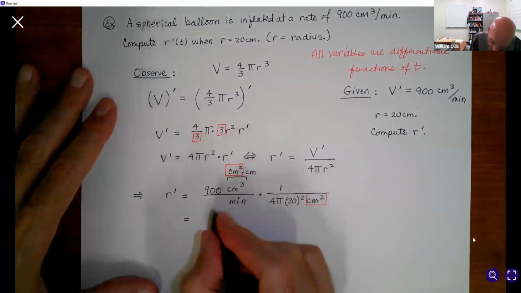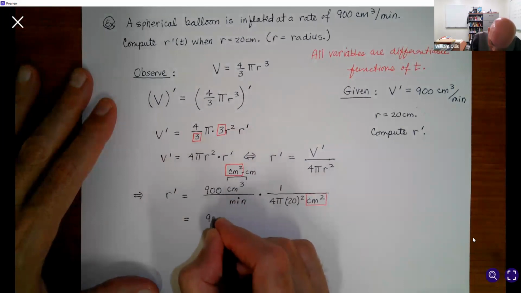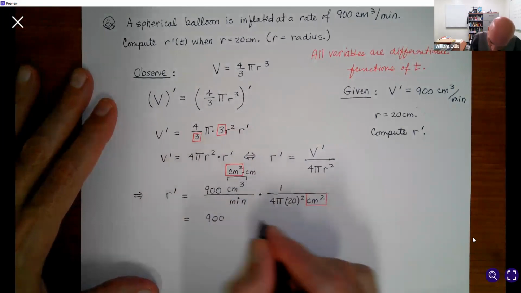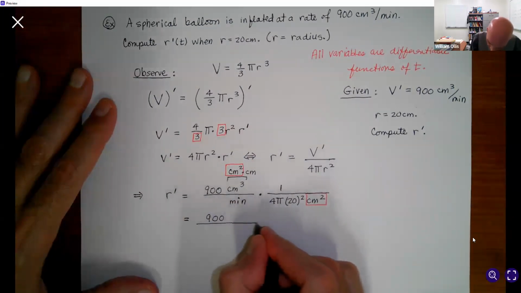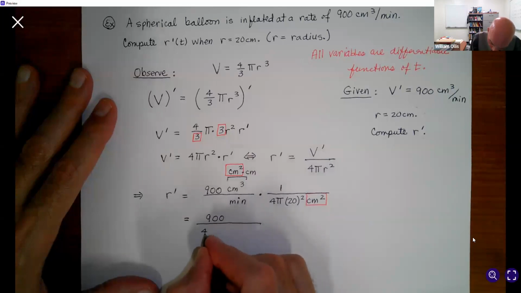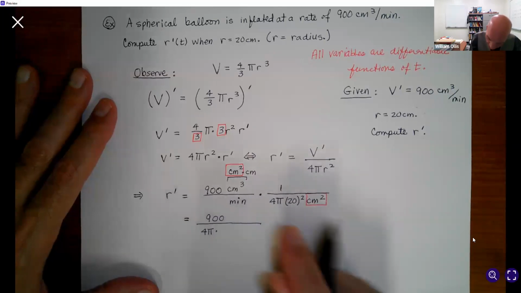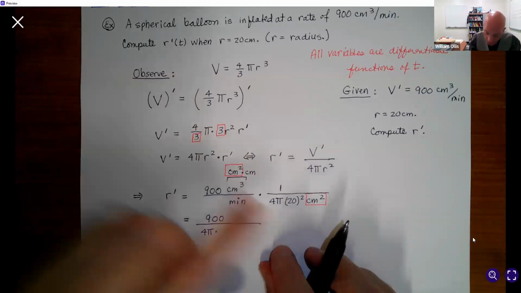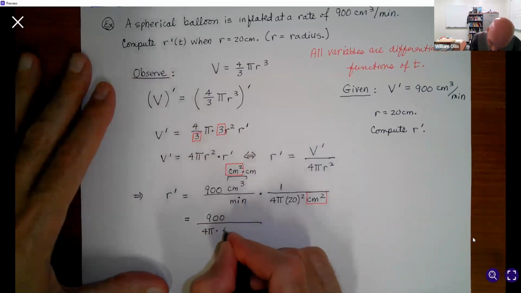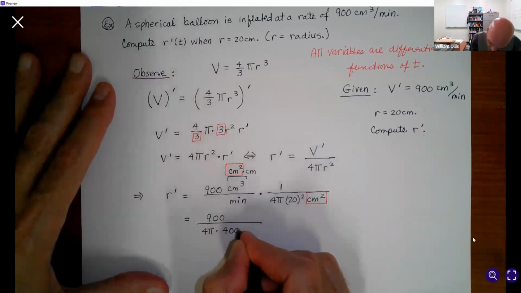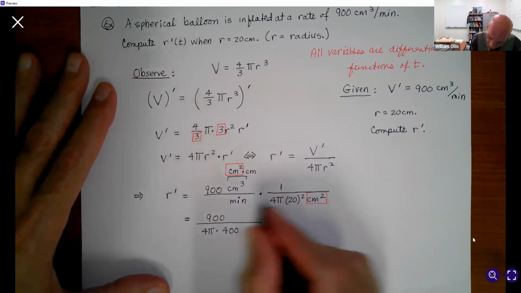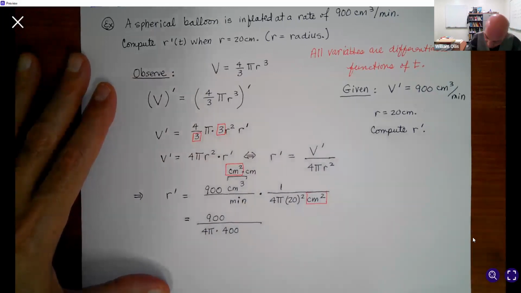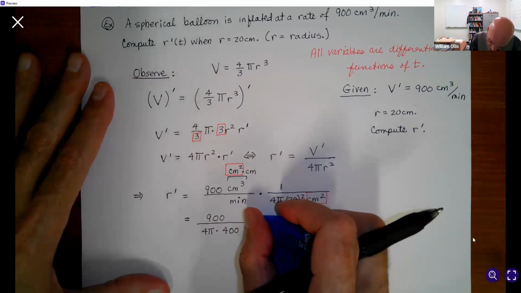So now, of course, we have 900. We'll work with the numbers. We have 4 pi. And then, of course, we have 20 squared, which is 400. And then, if you like, you can include the units at the end. I won't continue the fraction bar as far here.